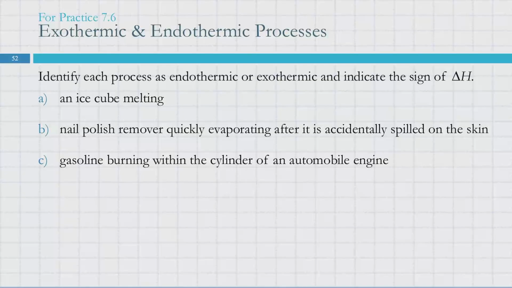Okay, let's identify each of these processes as endothermic or exothermic, and we can also indicate the sign of delta H just to get some practice relating endo and exothermic with our change in enthalpy. So an ice cube melting. When an ice cube melts, is it gaining energy or is it losing energy?